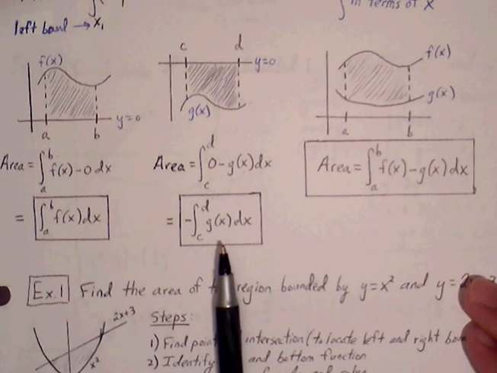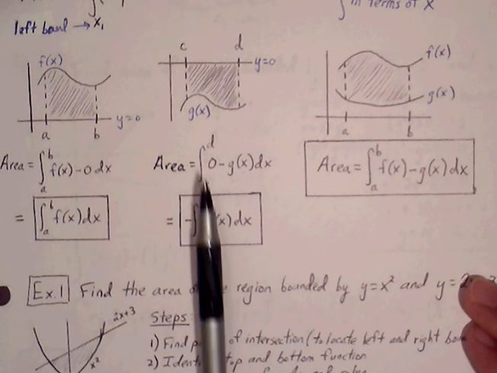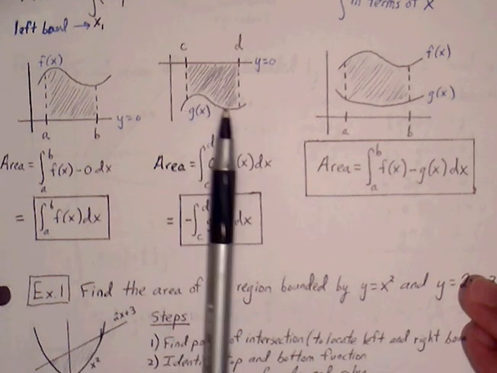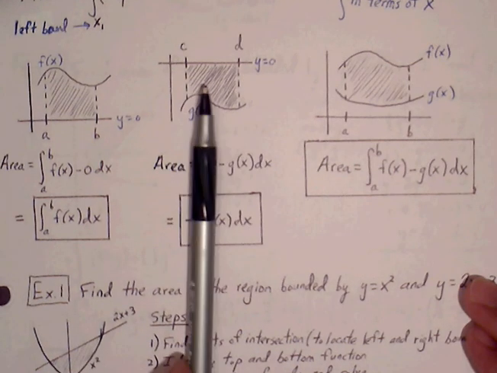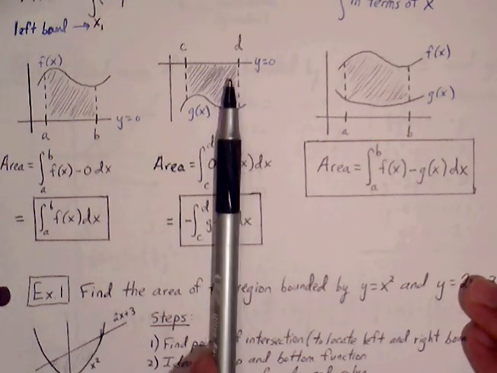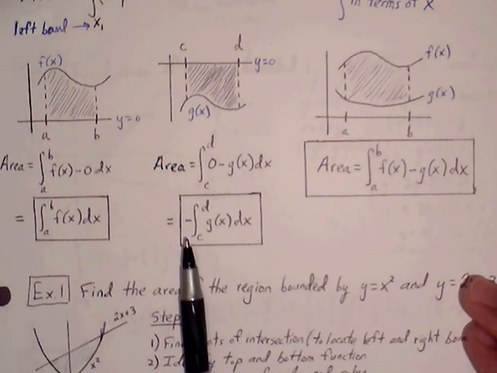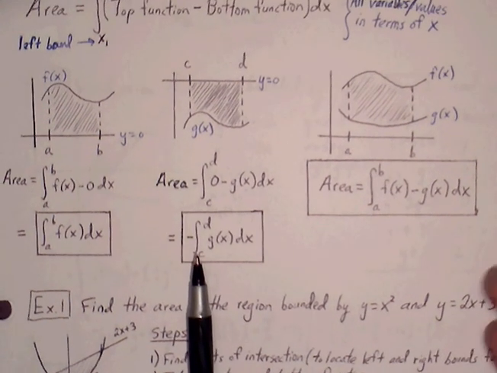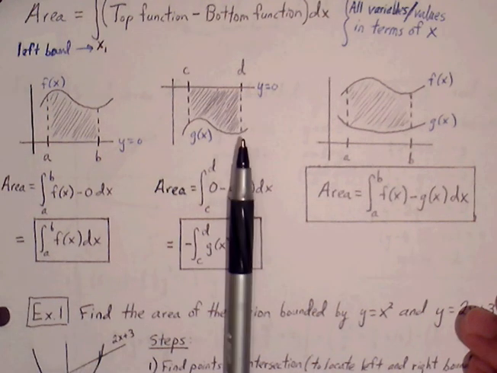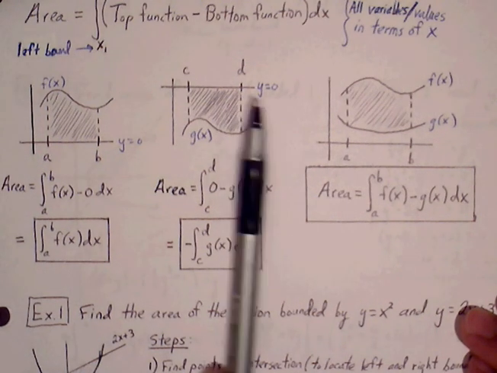Whenever we found the definite integral of a curve that was below the x-axis, we would find the definite integral, and then we would just adapt it by taking the negative. And that's what's happening here as well. But now we're going to see more situations where we may not be dealing with the x-axis anymore.